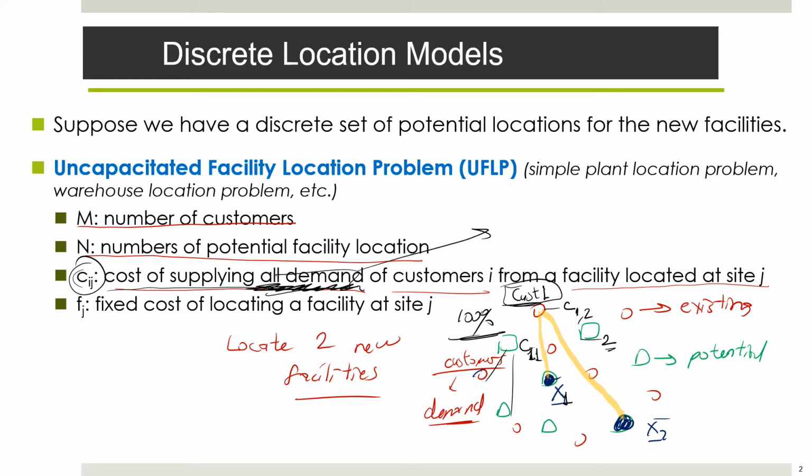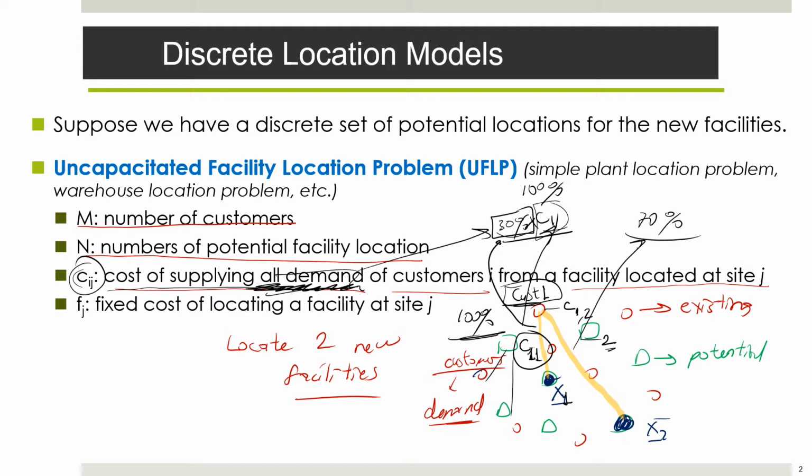But instead, let's say we satisfy 30% from the first facility and 70% from the second facility. Then C11 is the cost of satisfying 100%, so if we decide to satisfy only 30% of it, it will be 0.3 times C11.